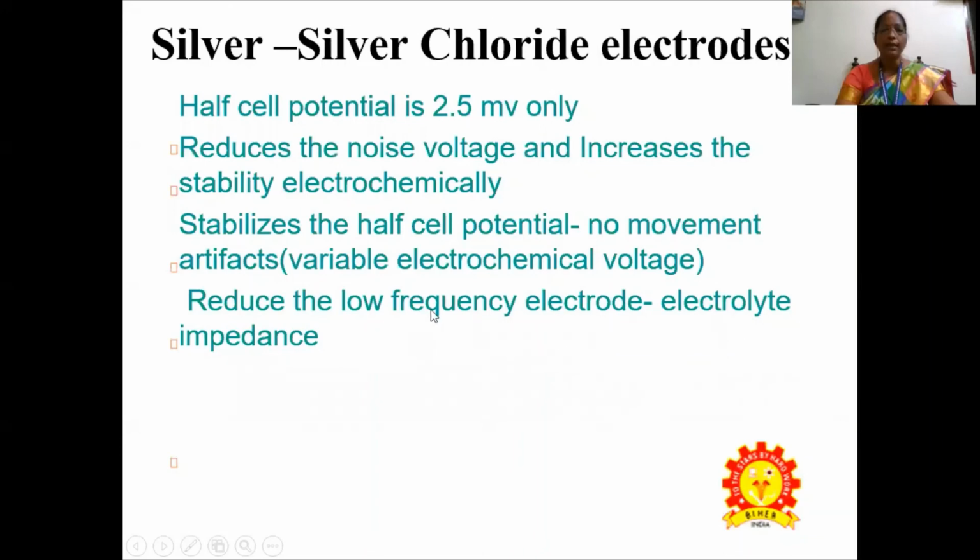Silver chloride electrodes have these specifications. Half cell potential is 2.5 millivolt, and it reduces the noise voltage and increases electrochemical stability. It stabilizes the half cell potential, and we don't have movement artifacts. It reduces the low frequency electrolyte impedance.